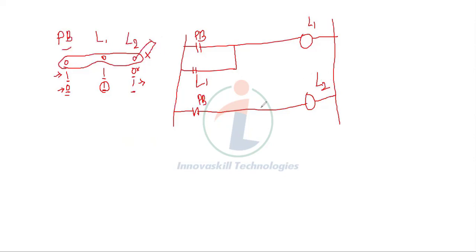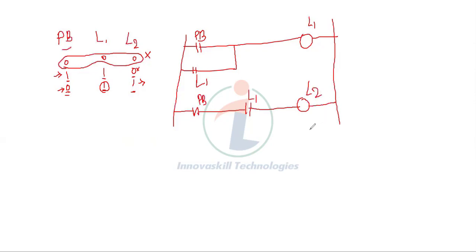But I should activate L2 at the third condition only, that is, after satisfying L1, L2 should get activated. So what I have to do here is use L1 as interlocking and after that you have to connect L2.